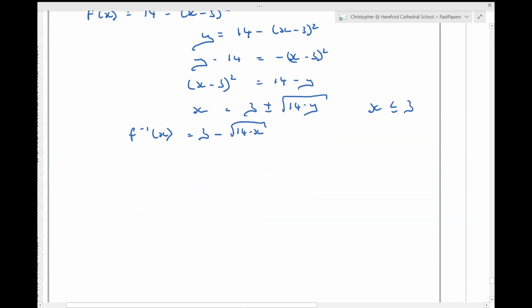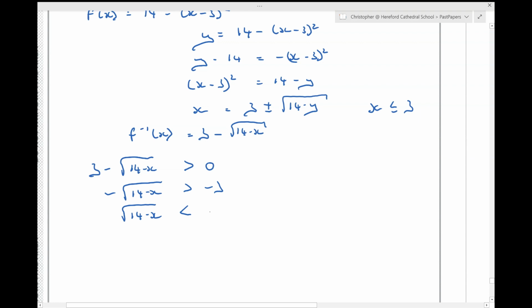And I've got to find the range of values for which this is positive. So I'm going to be looking at this, aren't I? 3 minus root 14 minus x has got to be greater than 0. Okay, so minus the square root of 14 minus x has got to be greater than minus 3. Multiply both sides by minus 1, and remember to change the inequality sign.